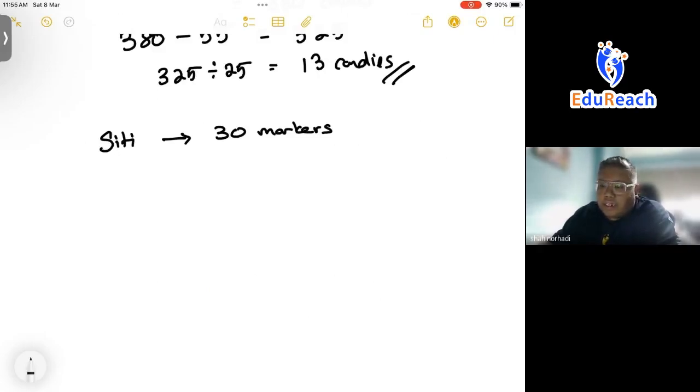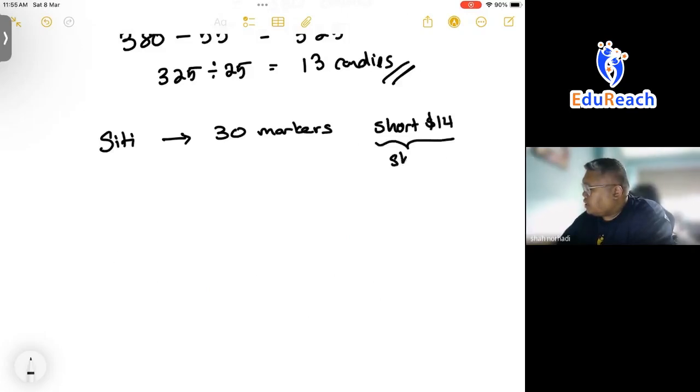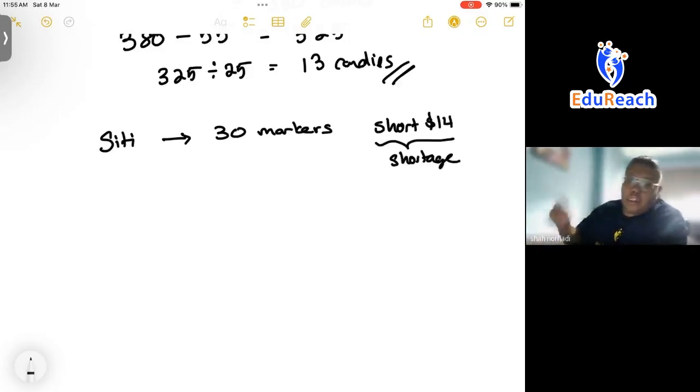What did the sentence say? She is short of $14. So that means this is a shortage. That means she can't buy 30 markers. In order for her to buy the 30 markers, she needs to have another $14.